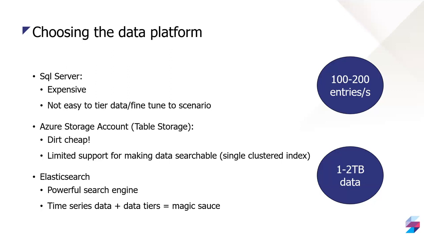And the fact that this audit trail data is time series data, data that is coming in over time, always coming in right now, is perfectly suited to Elasticsearch's ability to do different data tiers. That's really where it works great together.